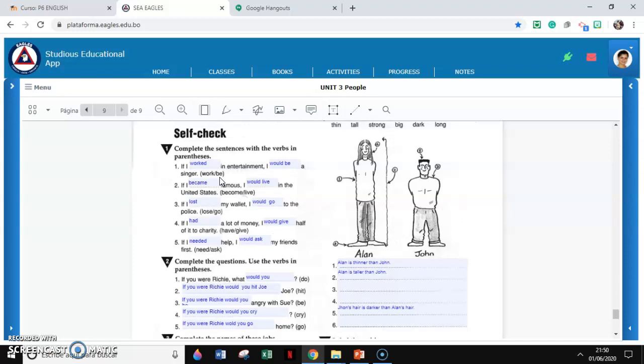We use the first conditional tense when we want to talk about things that are real, things that are likely to happen, things that are probable to happen. And we use the second conditional tense for the opposite, right? We use the second conditional tense for imaginary situations, for hypothetical situations, for things that are unlikely to happen, right?